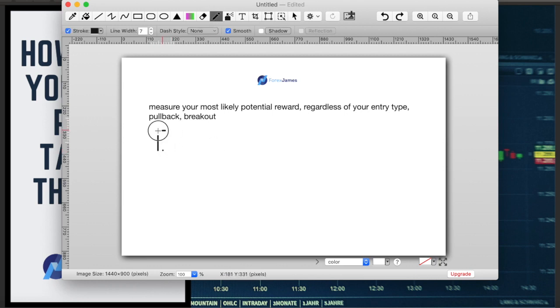Point number one is the most likely target that's going to get hit. Not point number two, not point number three. With that information, you should ask yourself, from your point of entry, with your stop loss fixed, how far is point number one?